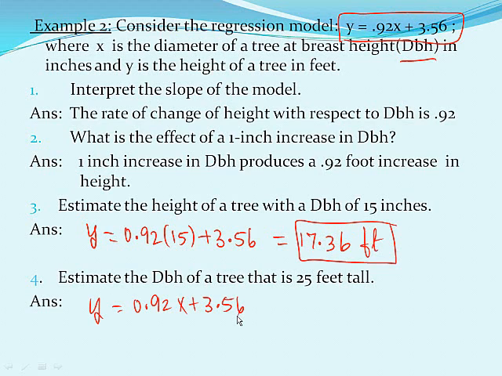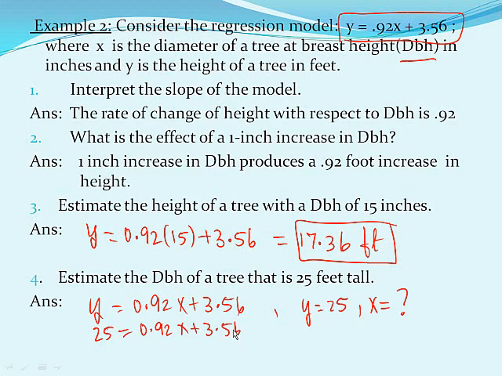Question 4. Estimate the dBH of a tree that is 25 feet tall. This time y value is given. Going back to the model, y equal to 0.92x plus 3.56. We set y equal to 25. And we are trying to find the value for x. So substituting for y, we get 25 equals 0.92x plus 3.56.